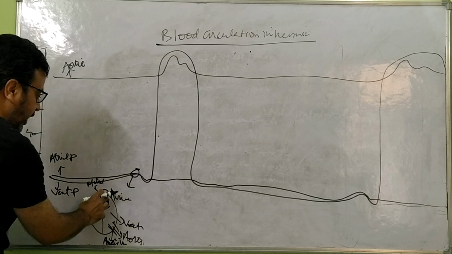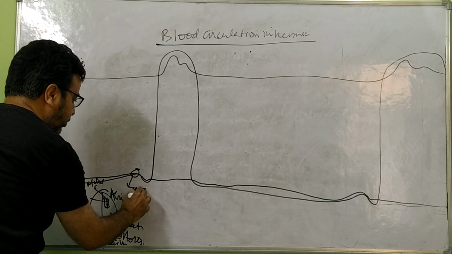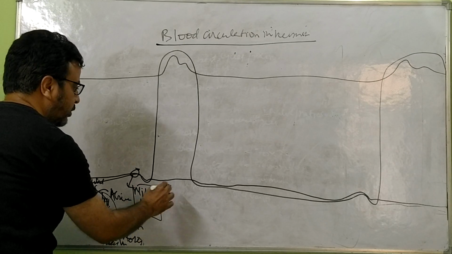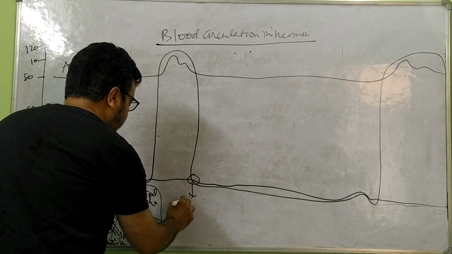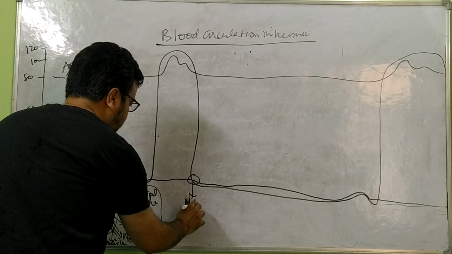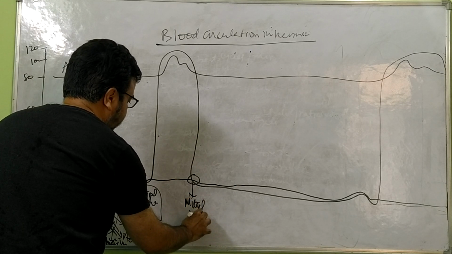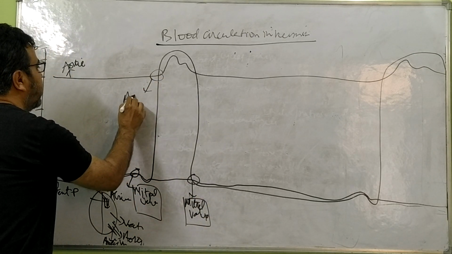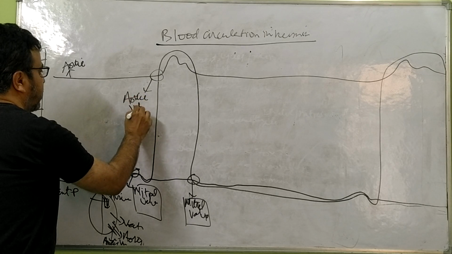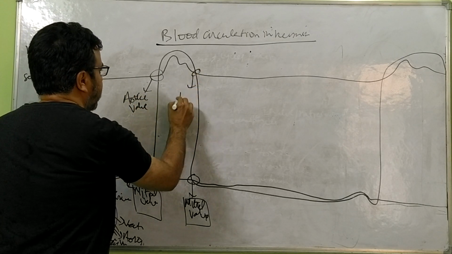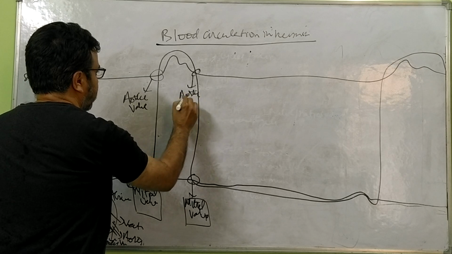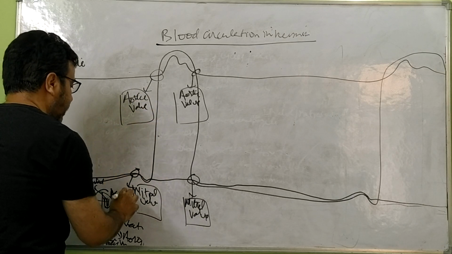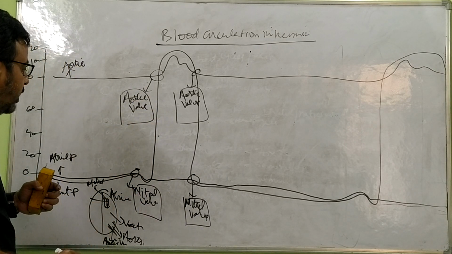So here at this junction of atrium and ventricle, it is the mitral valve, and in the upper region at this junction it is the aortic valve. So now talking about the closure and opening of this aortic and mitral valve.